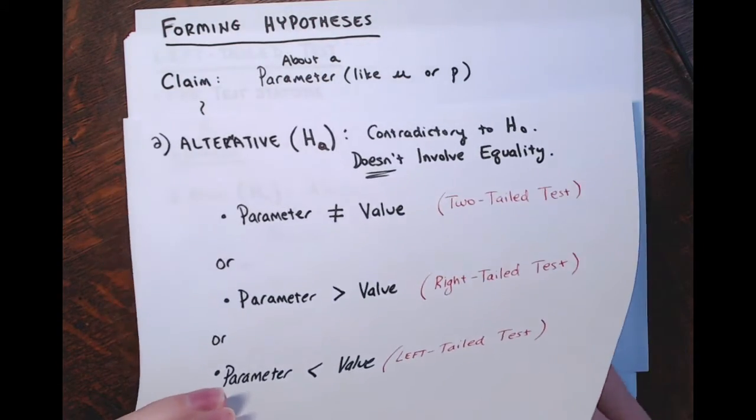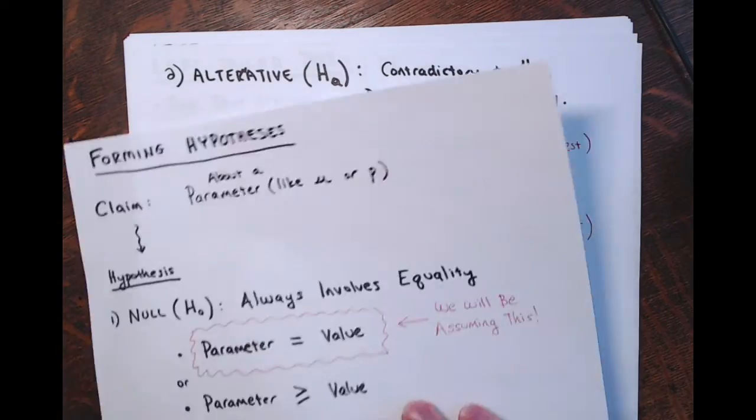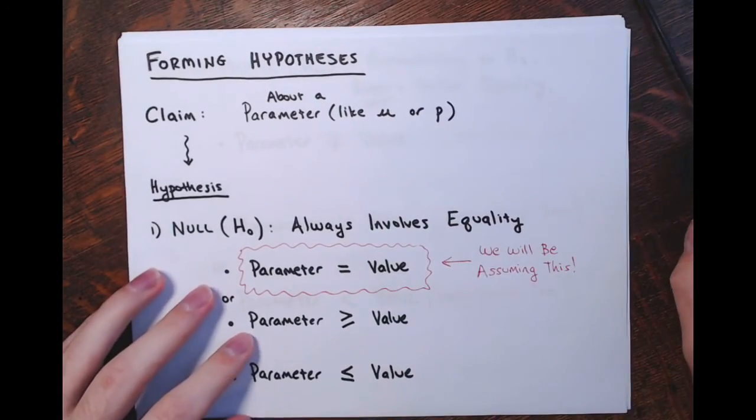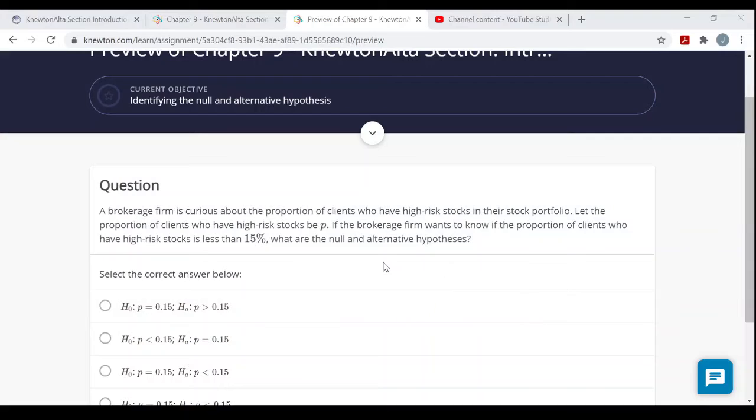All right, so let's get into the question at hand. Let's go to the assignment question related to this objective. Here, a brokerage firm is curious about the proportion, so the population proportion would be P. A brokerage firm is curious about the proportion of clients who have high-risk stocks in their stock portfolio.